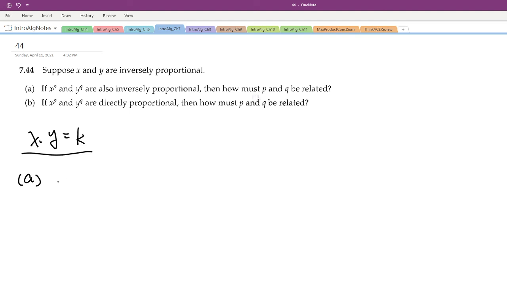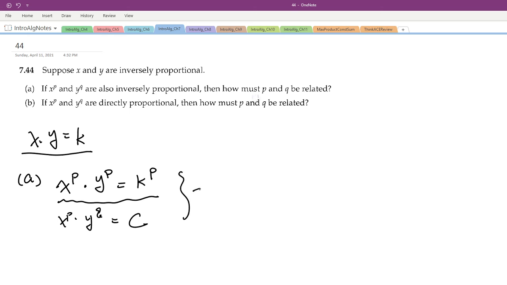Then how much? Let's see. xp times yp is equal to k to the p, right? So you want xp and yq also to equal a constant, right? From here, you can see p equals q.